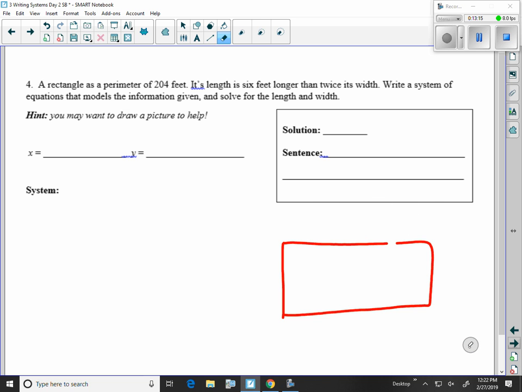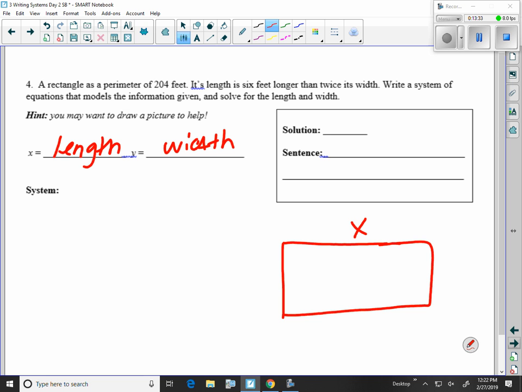Here's why. We don't use L and W in equations. We use X and Y. So let's let X be the length, and we'll let Y be the width.